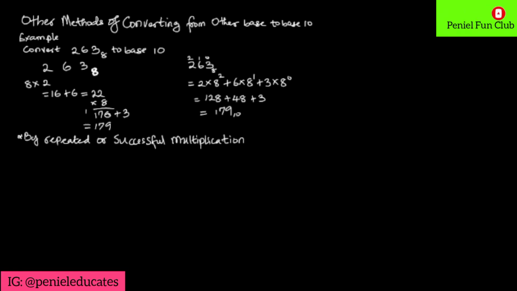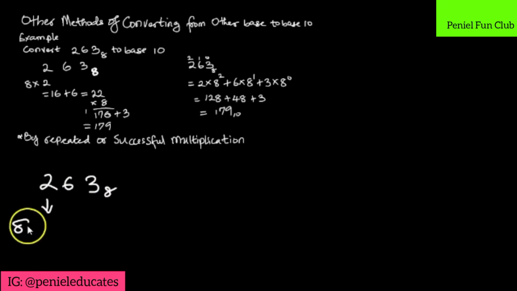This method, we call it repeated or successive multiplication. So what do we do when we are given 263 base 8 and we're to convert to base 10? For example, this 263 base 8. What we need to do is look at the base.